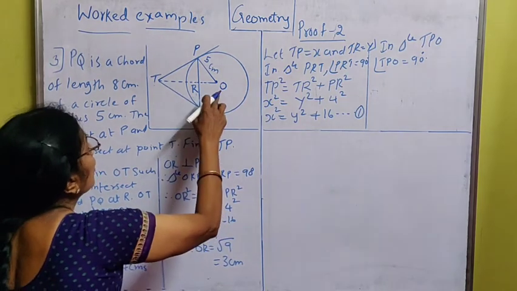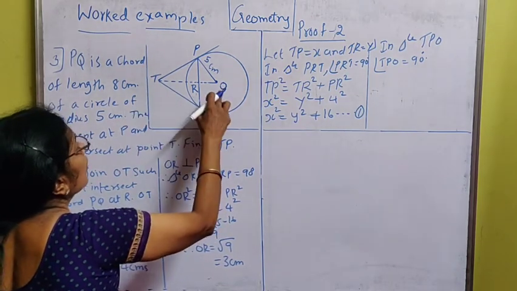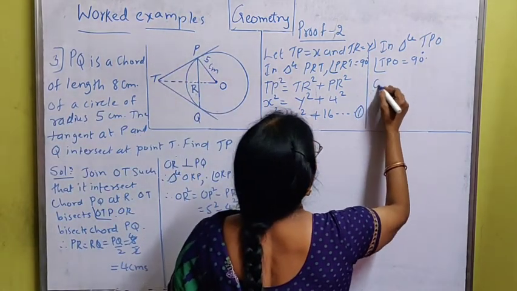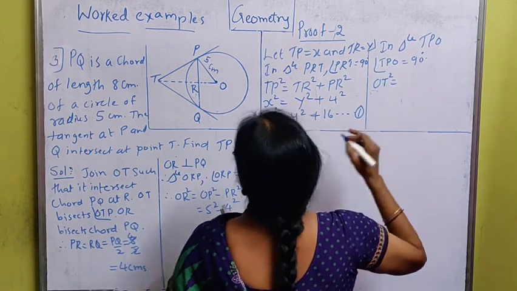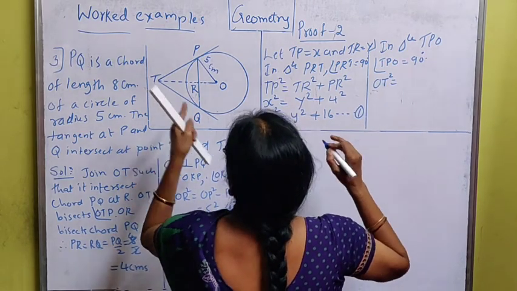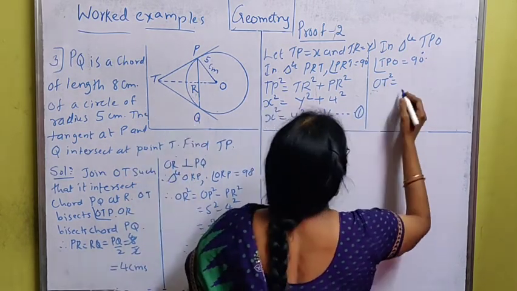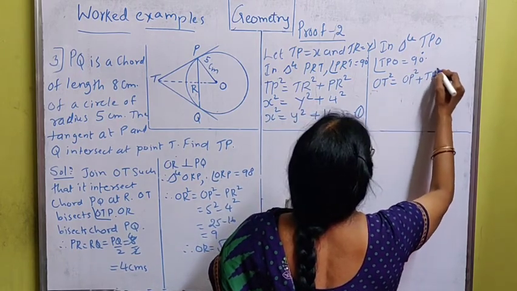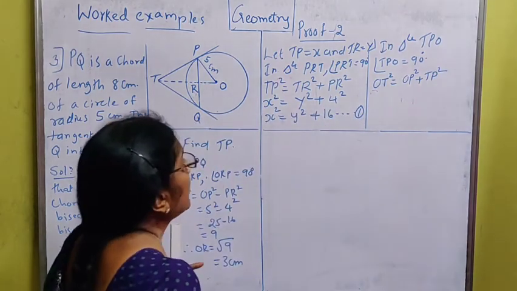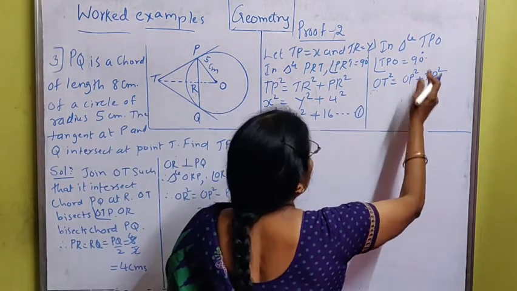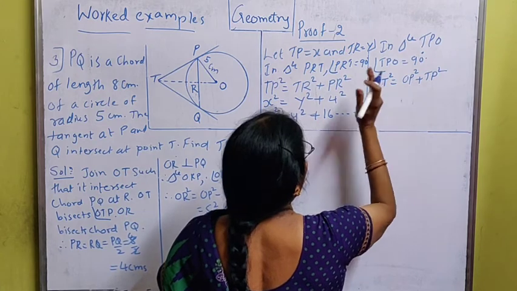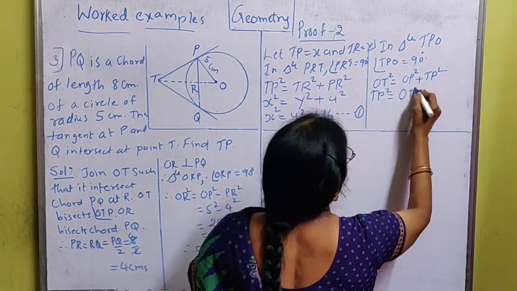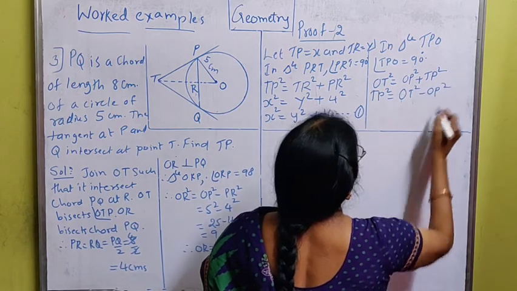OT square is equal to, because that is the hypotenuse, OP square plus TP square. Now we'll keep TP square on one side and take OP square to the other side. So what shall we get? TP square is equal to OT square minus OP square.